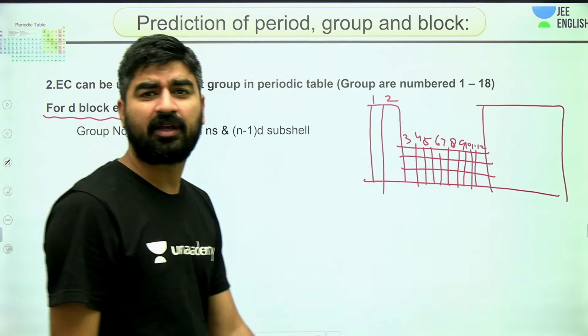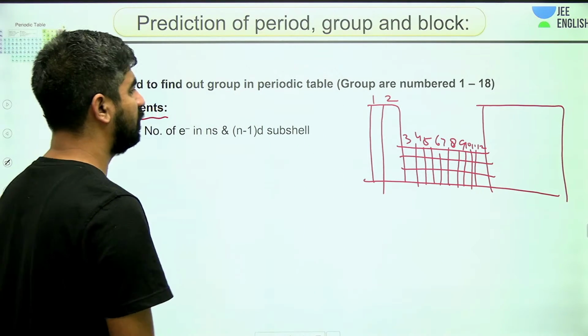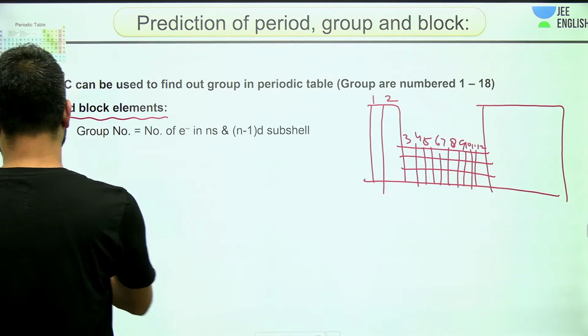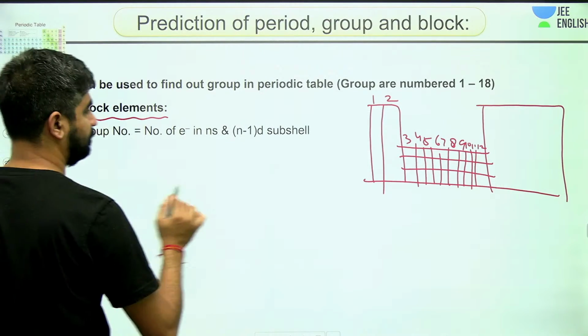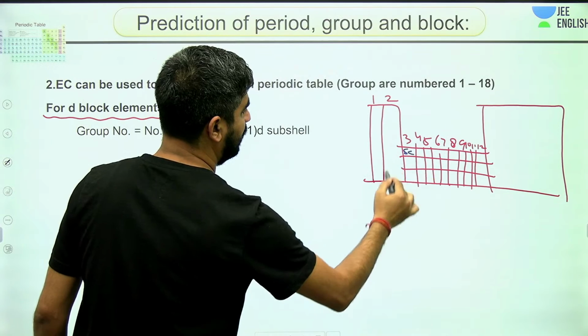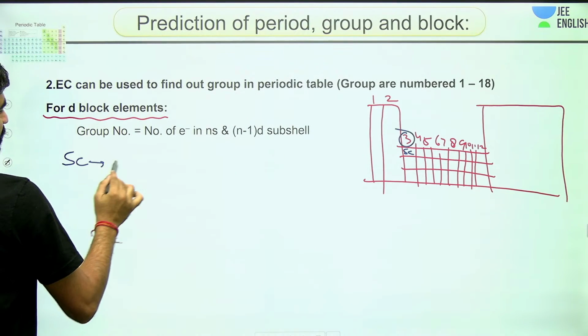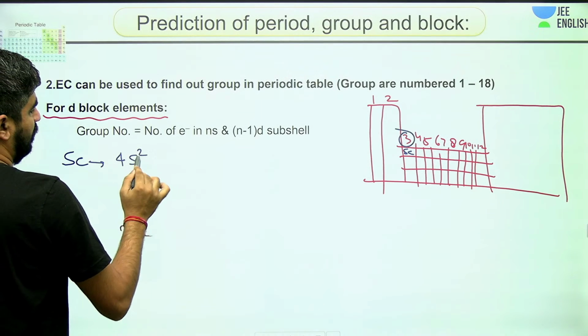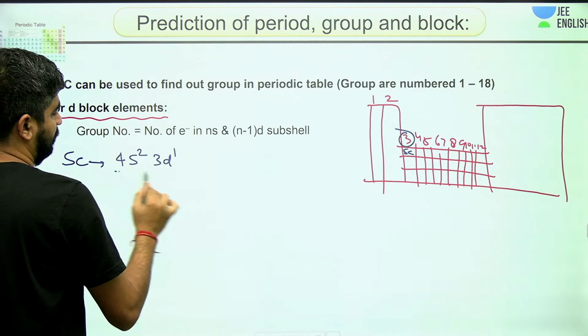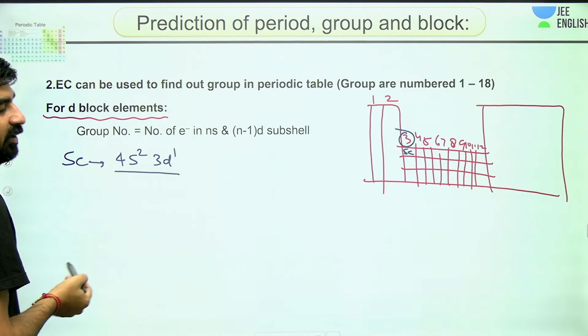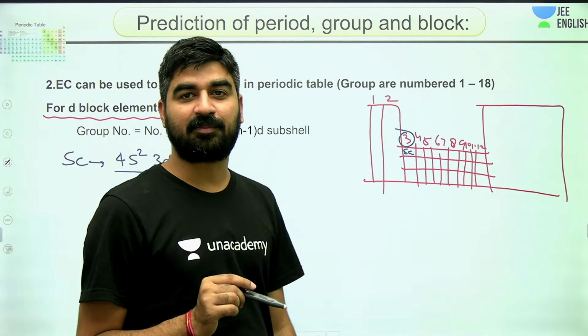So these are D block elements here. If you know the position of scandium, its period number is 3. Why am I telling you scandium? When you are writing 4s2 3d1, how will you calculate the period number and group number?